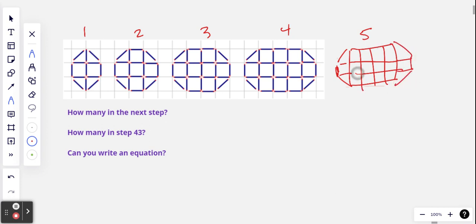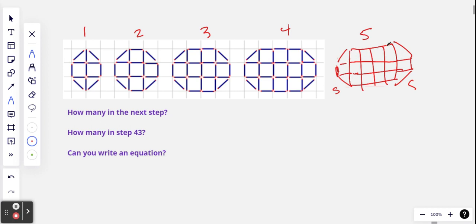Okay, so I think we could count the segments if we don't get too confused there. Actually, I want to think about these two side pieces and then the middle. So in the side piece, 1, 2, 3, 4, 5. So there's 2 of those. If we exclude the side pieces, this is a 5 and a 5. Let's think about what's left in the middle. This is a 3 by 4 grid. How many segments does it take to make a 3 by 4 grid?